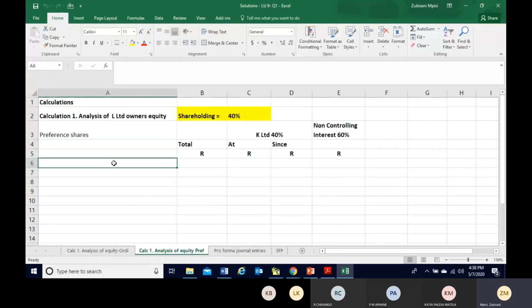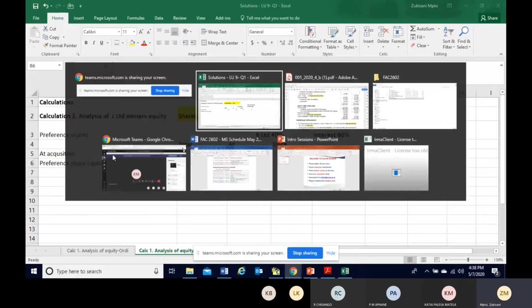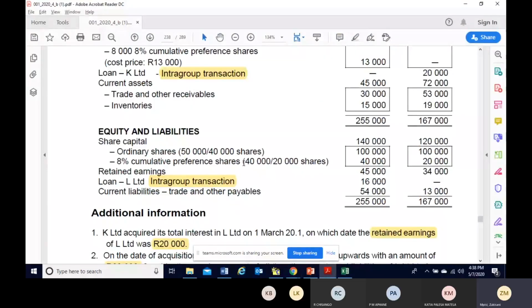So let us do the preference shares. From a preference share perspective, so at acquisition as well, we have added preference share capital. Just go look how much was the preference share capital.